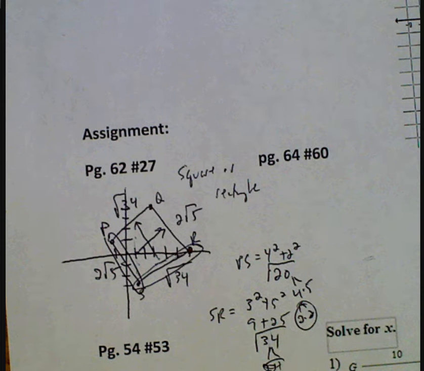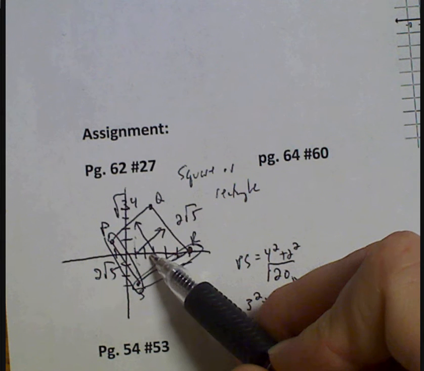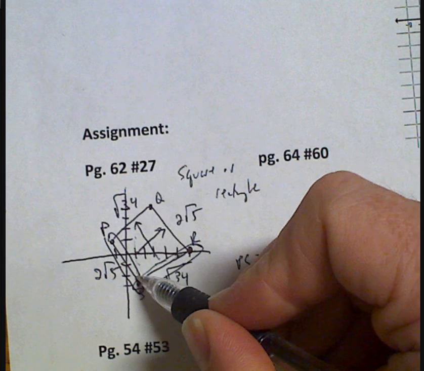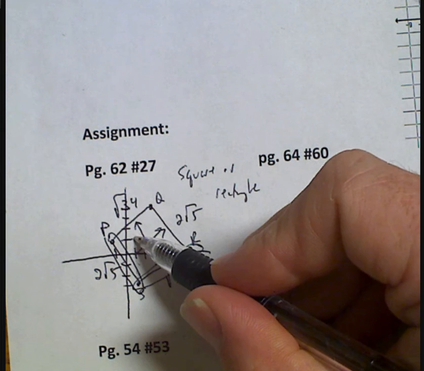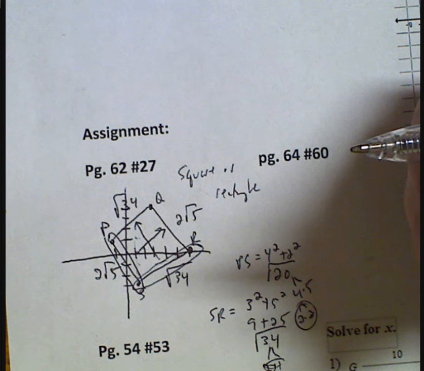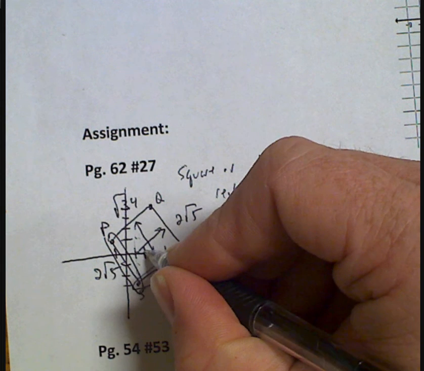area. So the perimeter of my shape, I think I might have messed up. Negative 1, 1. Oh, 2, negative 3.